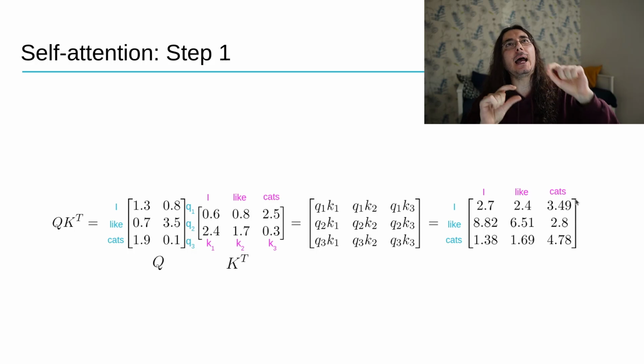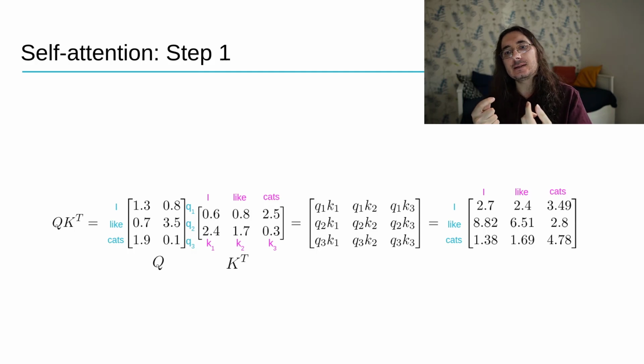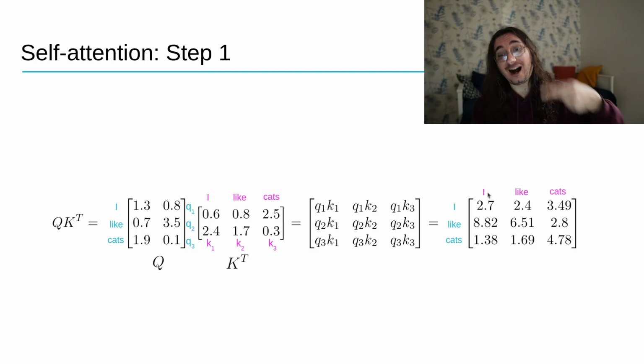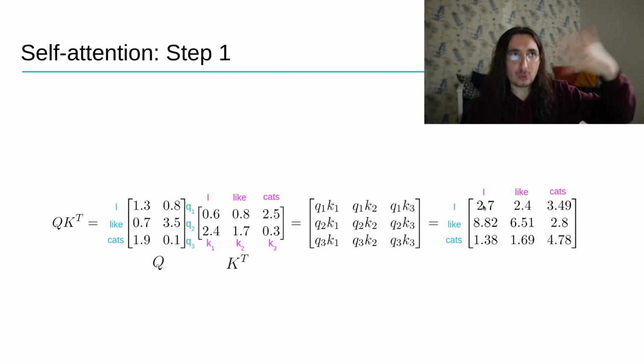And whenever we use a dot product like this, what we are actually obtaining is the distance between two elements. For example, let's say Q1 by K1, we're going to get this value here, 2.7. This is the similarity of this Q1 vector and this K1 vector. That is the similarity of the query for I and the key for I. So we can think of that as a distance or a similarity value.